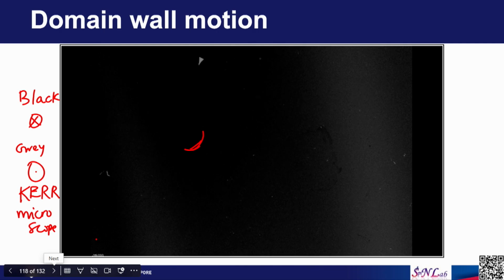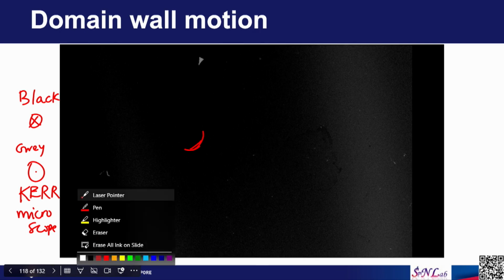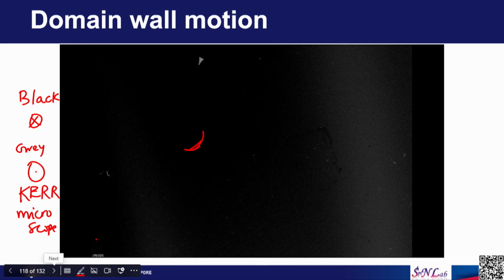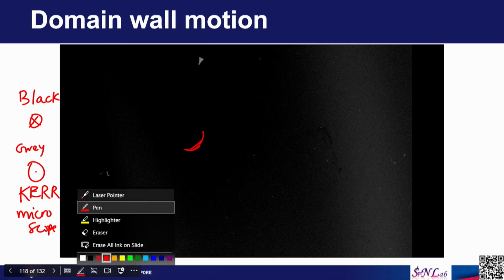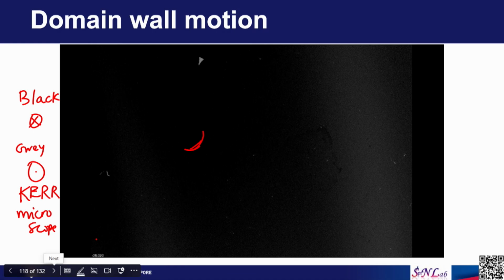So, normally when you are making thin films, let us say you are depositing thin films, right, without any special technique.